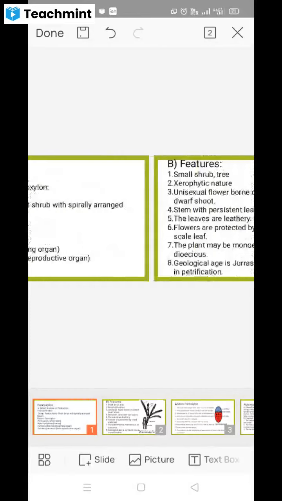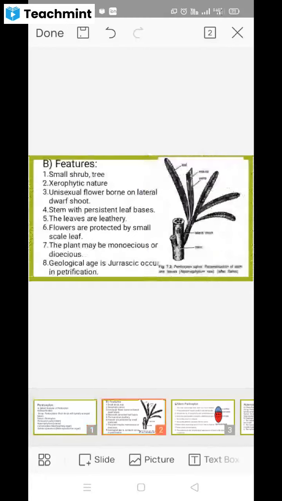First of all, we discussed the main features of pentoxylon, that is, it is a small shrub tree, it shows xerophytic characters, and it has unisexual flowers borne on the lateral shoots. The stem shows some persistent leaf bases, and the leaf shows leathery structure.